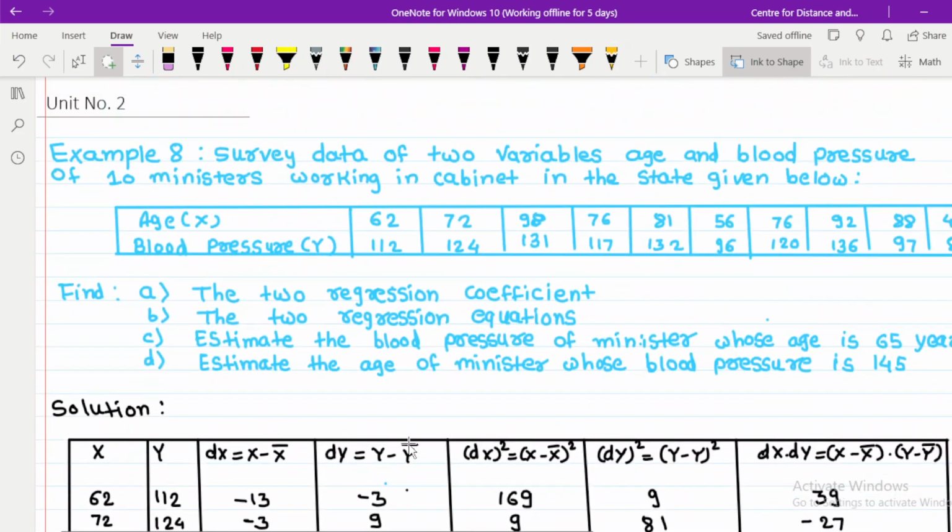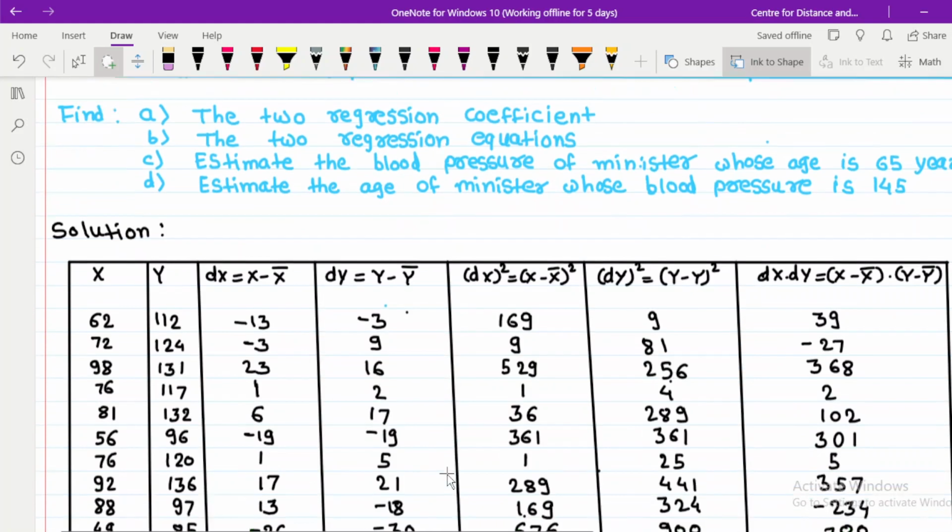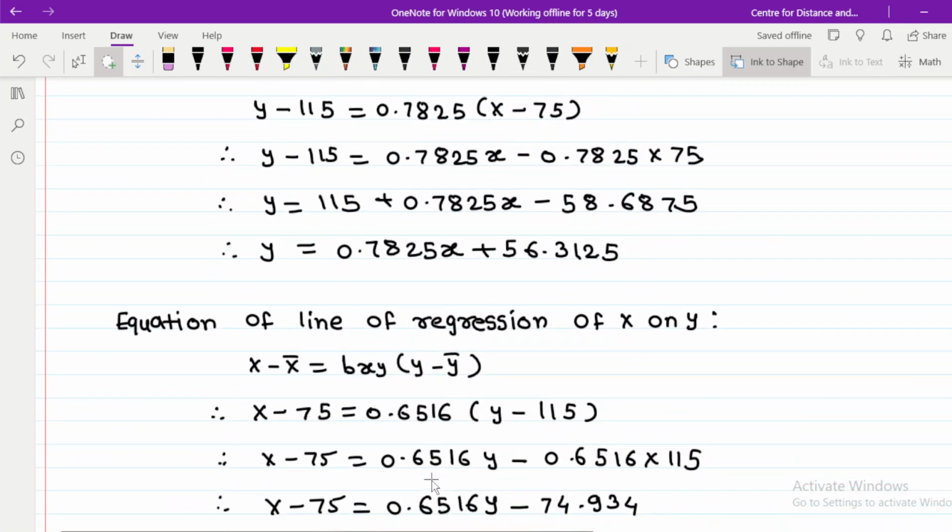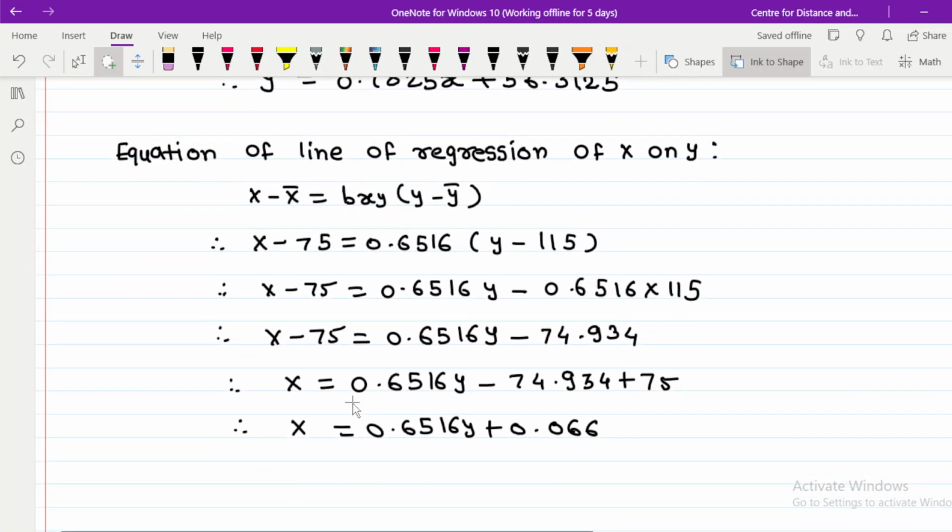Then here we have to estimate the blood pressure of a minister whose age is 65 years. That is, for the value of x equal to 65, we have to calculate the value of y.